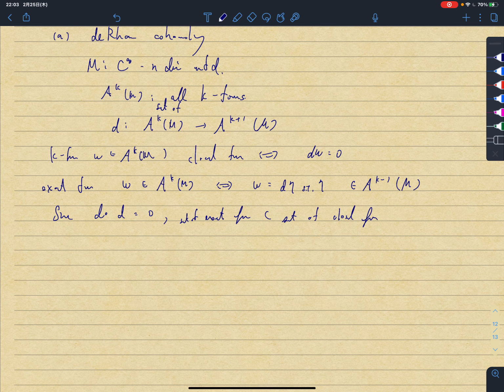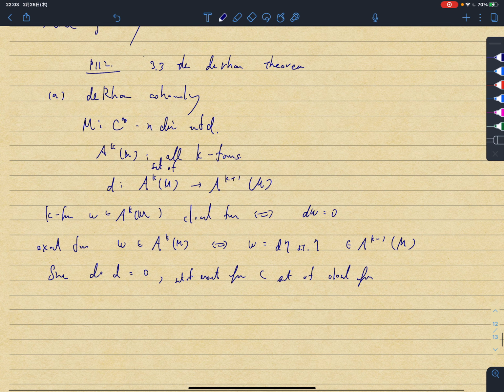Let us denote the set of all closed k-forms on M by Z^k(M). This defines Z^k(M). This defines the set B^k(M), the set of exact k-forms.